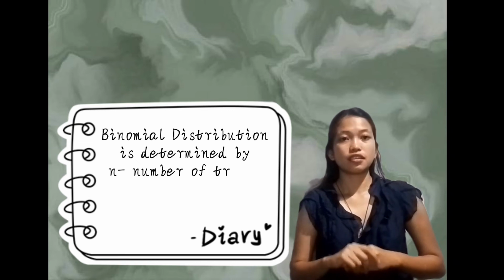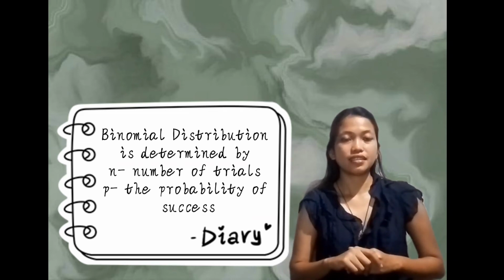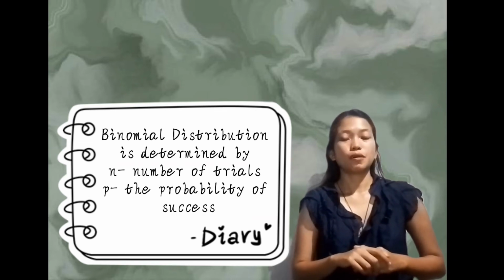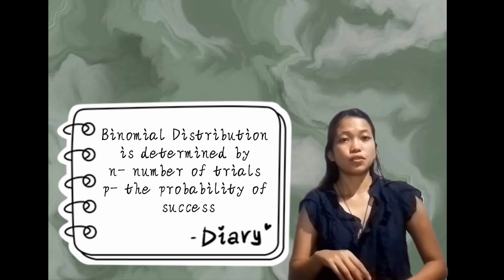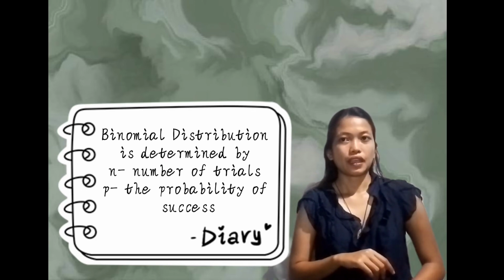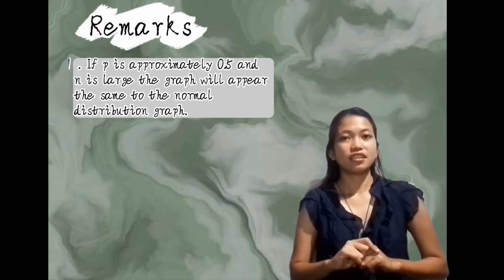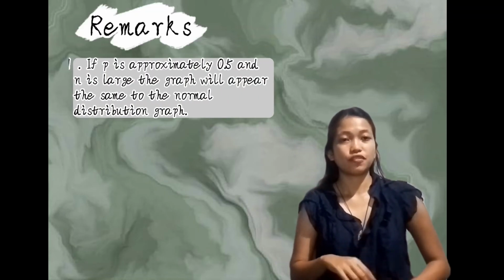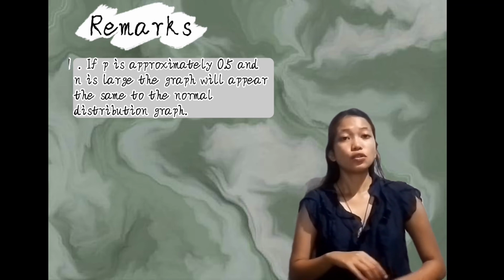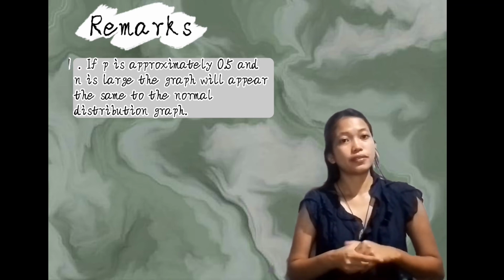Also recall that the binomial distribution is determined by the number of trials, n, and the probability of success, which is p. When p is approximately 0.5 and n increases, the more likely the shape of the binomial distribution looks like that of the normal distribution.